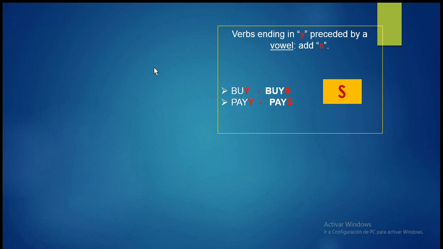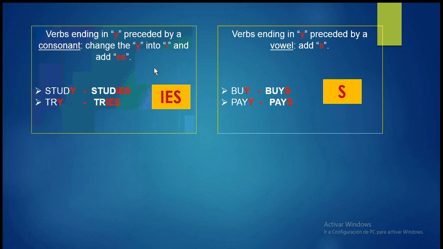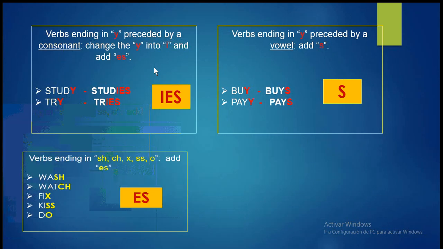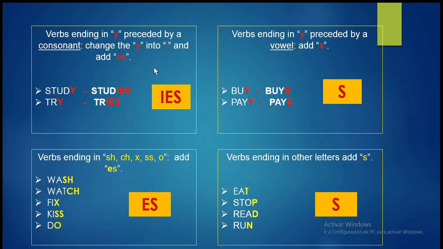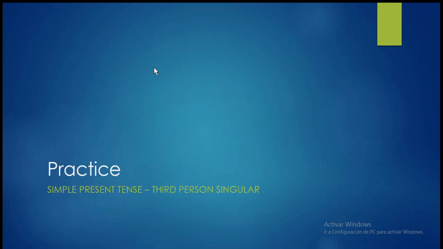Okay, so here I present a summary of what we had before. It's a summary of four rules of the endings of the third person singular, he, she, and it, in the simple present for all the verbs except verb to be.